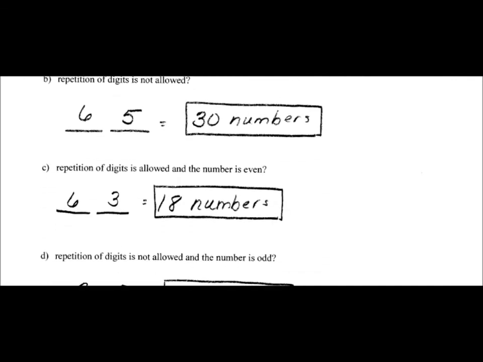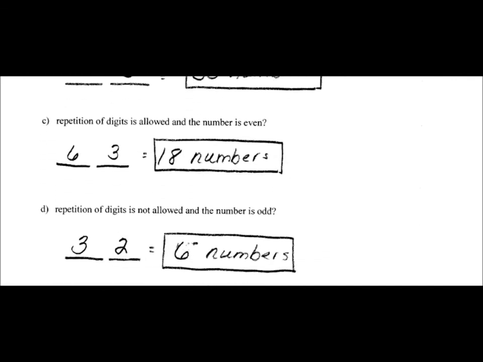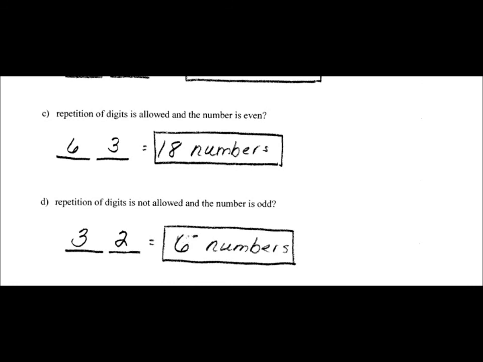Finally, let's suppose we have a couple more criteria. C says the repetition of digits is allowed, meaning we have 6 possibilities for the first spot, and the number is even. Well, that means the number has to end in 2, 4, or 6, giving us 3 choices. So there's 18 even numbers we could make given repetition.